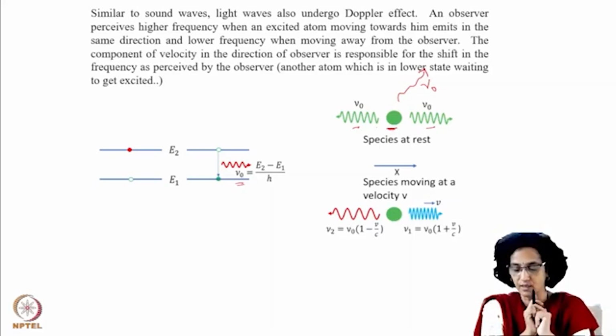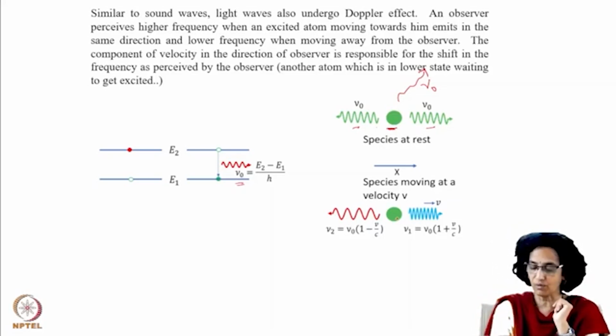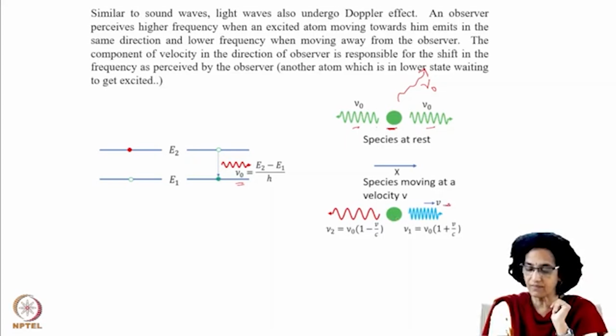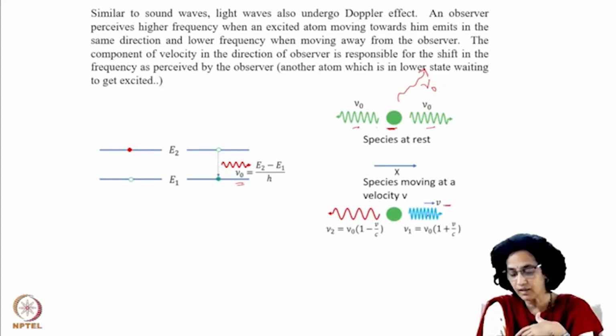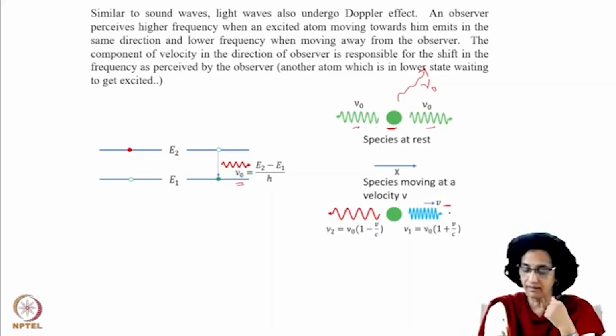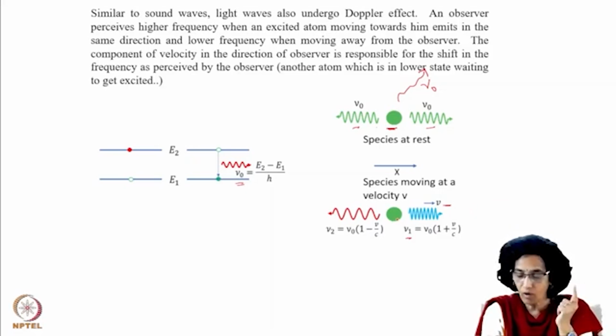On the other hand, suppose this molecule is now moving with a velocity v in the positive x direction, and it also emits a photon in the positive x direction. Then the frequency of the emitted photon as perceived by another molecule here will not be nu zero, but it will be shifted. And how will it be shifted?